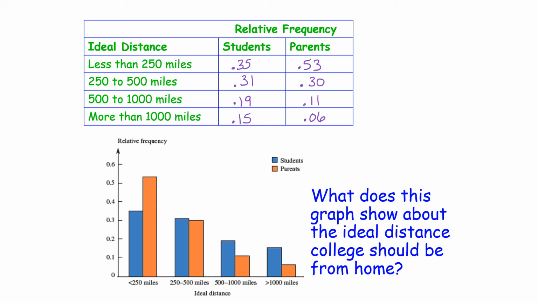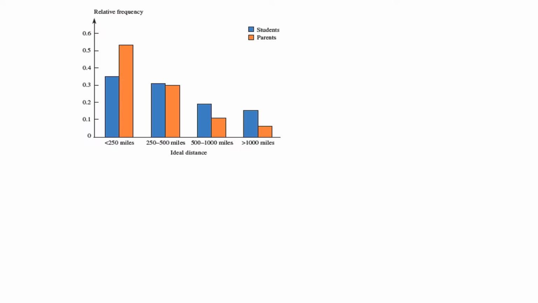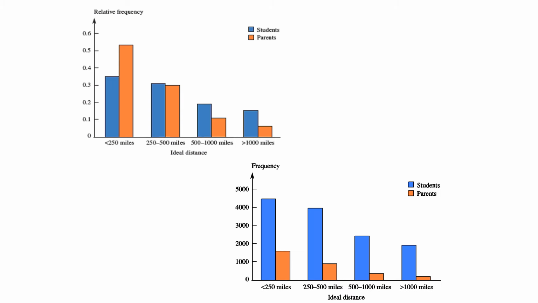Now, to see why it is important to use relative frequencies rather than frequencies to compare groups of different sizes, let's look at the incorrect bar chart constructed using frequencies rather than relative frequencies. So here we have our correct bar chart, and here we have our bar chart using just frequencies.